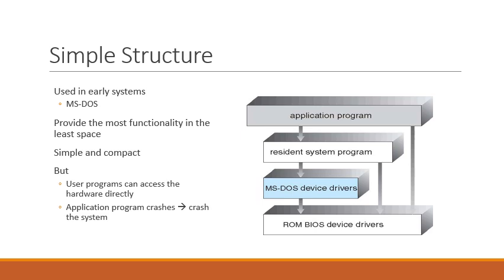They can directly access the I/O devices and they are able to read or write to I/O devices. And this is obviously not desirable in any reliable and secure operating system, because if an application program fails, it will fail the entire system.